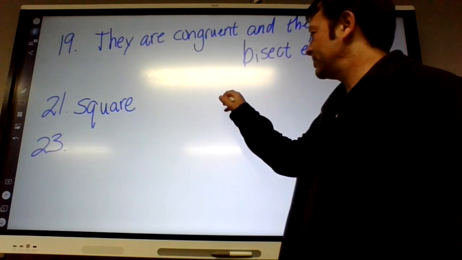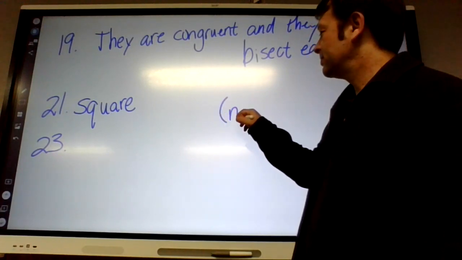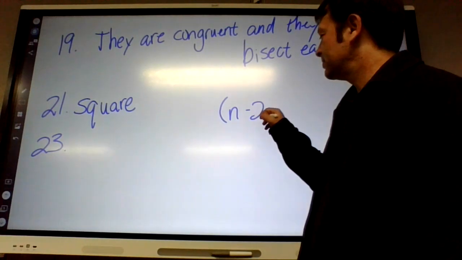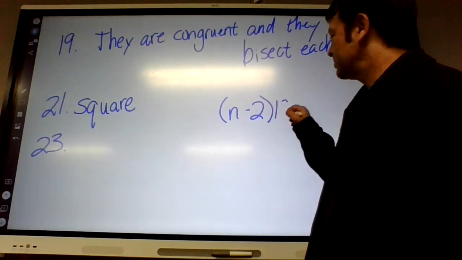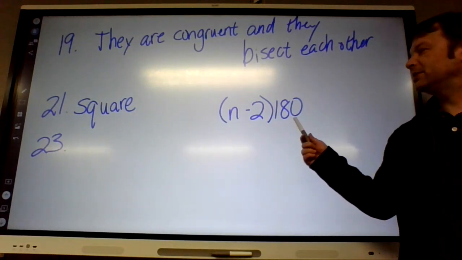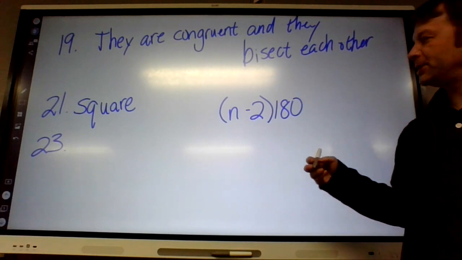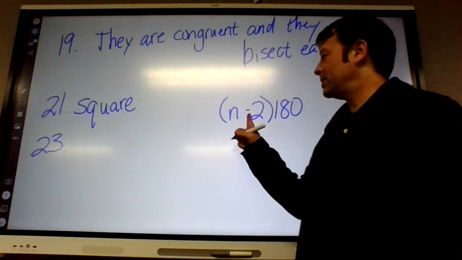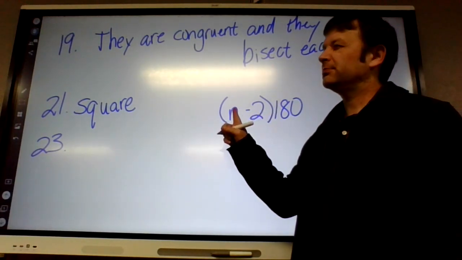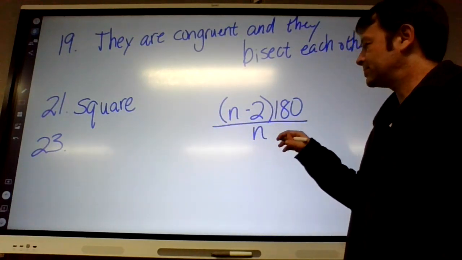Times the number of sides? Okay, n minus 2 times 180 gives you what all the angles add up to in a shape. But how do we find just one angle in the shape? Divide by the number of angles.